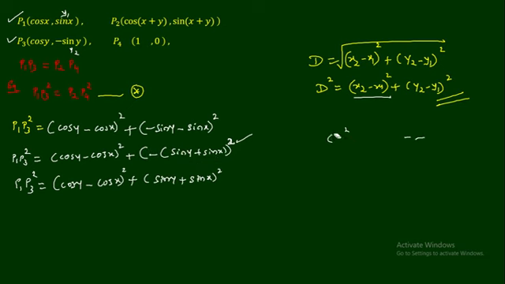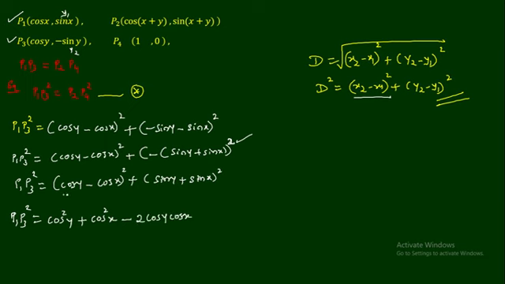Clear? After that, the very simple formula that many times you have remembered, a minus b the whole square. For this one I am going to apply a minus b the whole square, that is a square, cos square y, plus b square, cos square x, minus 2ab, 2 into cos y cos x.